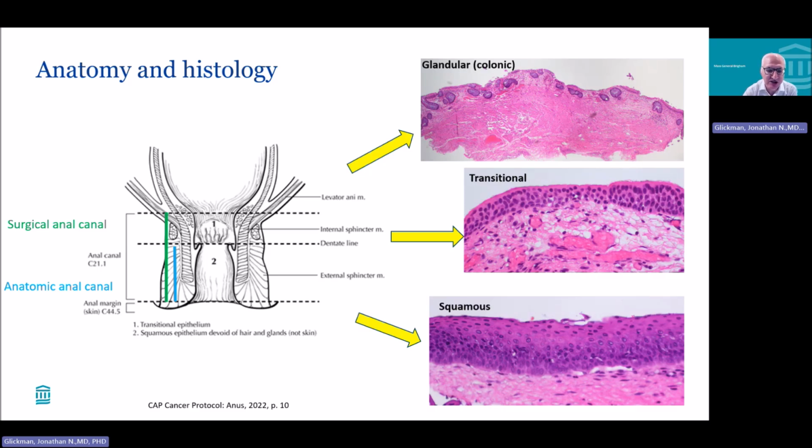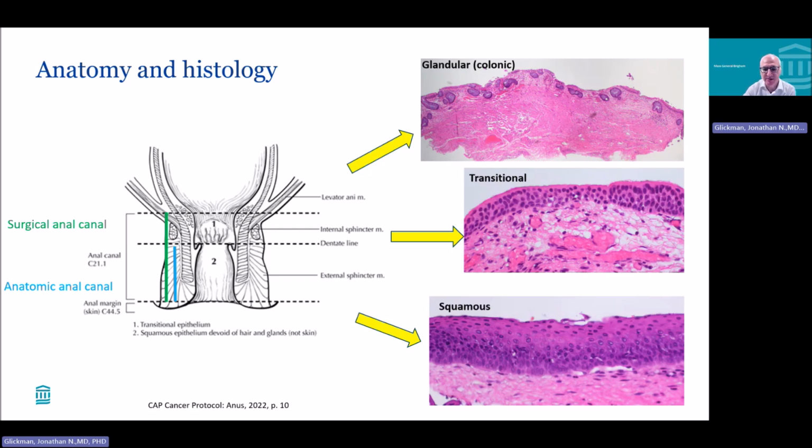Whereas in the anatomic definition, the proximal extent is a little bit more distal at the dentate line, the upper limit of the anal canal and the lower limit of the anal columns. And so the upper region of this area is lined by colonic mucosa, recognizable as glandular mucosa at the top, very simple, the distal rectum.